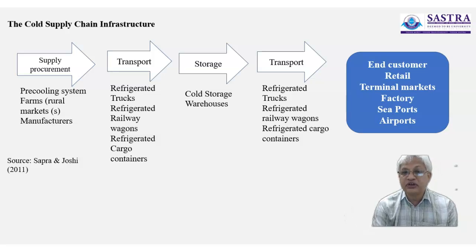Next is the transportation. In transportation, you require refrigerated trucks for land, again refrigerated railway wagons for land transport, refrigerated cargo containers for sea shipments. Sea shipments is very important because it is not just food items, dairy items, even yarn, like certain sensitive yarns like elastomers.